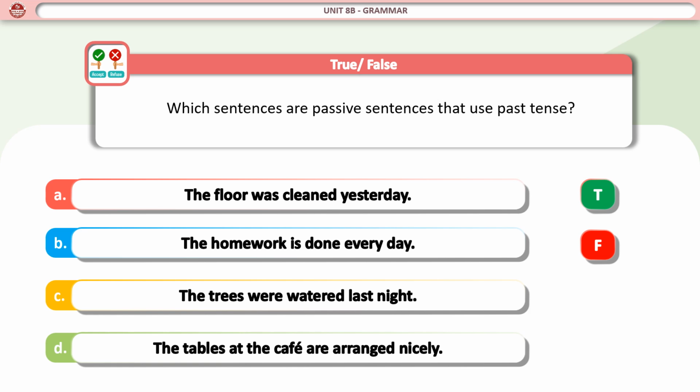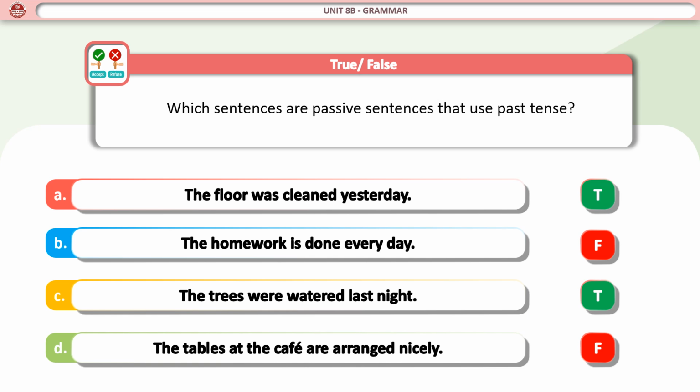Because of to be were, I can say definitely it is a past tense, passive voice sentence. And for sentence D, the table at the cafe are arranged nicely. Now we see the word are, and that shows it is the present tense. So this one is going to be false.